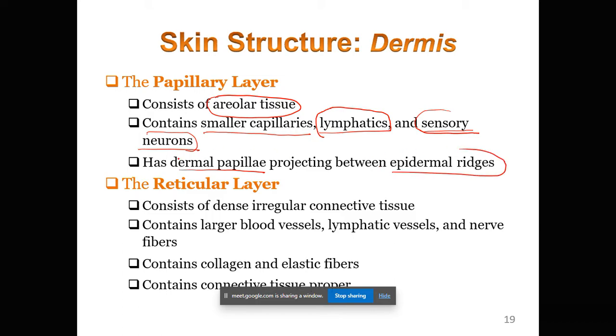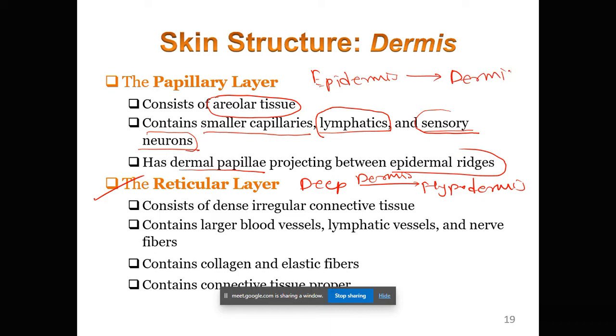We have already seen what dermal papillae are. The reticular layer is the deep layer at the boundary of the dermis and hypodermis, and the papillary layer is at the boundary of the epidermis and dermis.